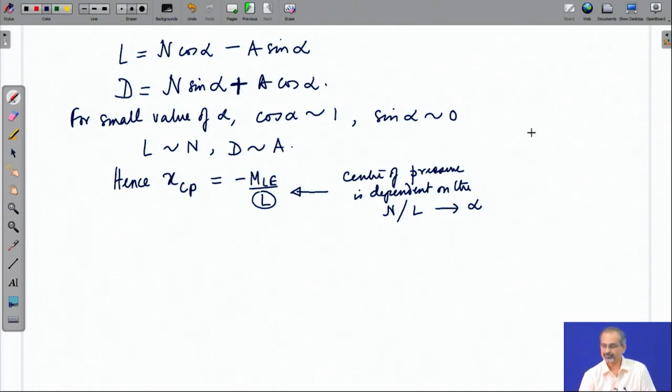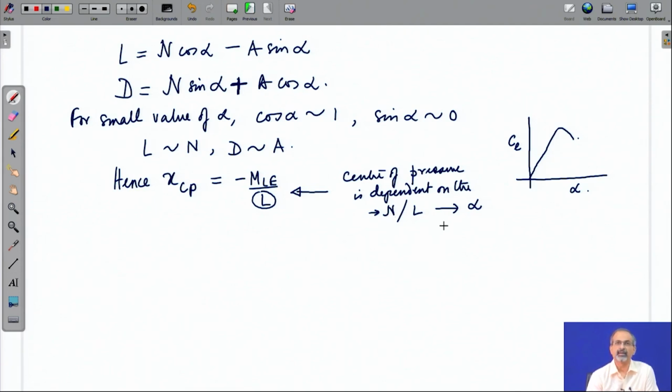We will see later that these forces are dependent on angle of attack. In an earlier lecture also we saw the lift curve, that means CL versus alpha curve, where you might recall that it looked somewhat like this. So, likewise normal force also is going to vary in a similar manner.